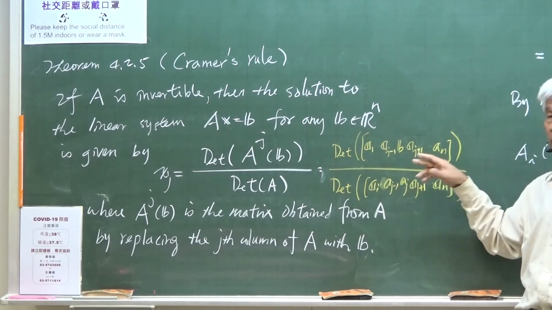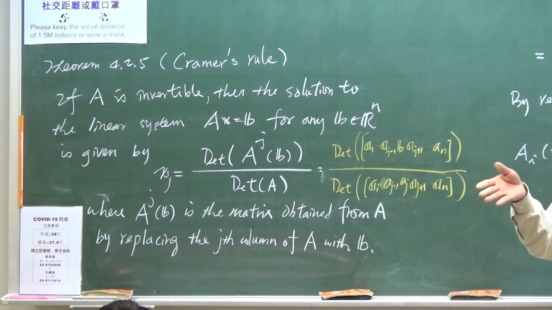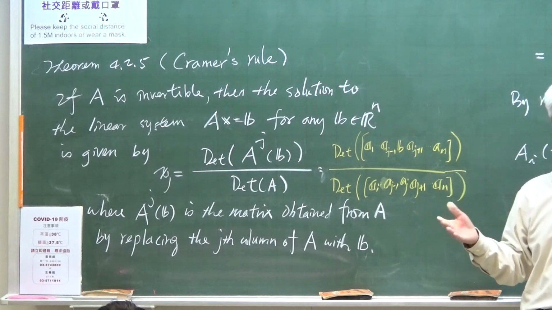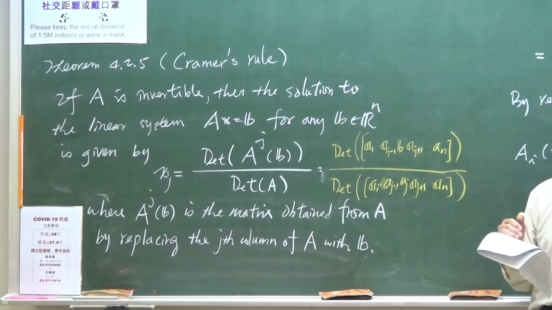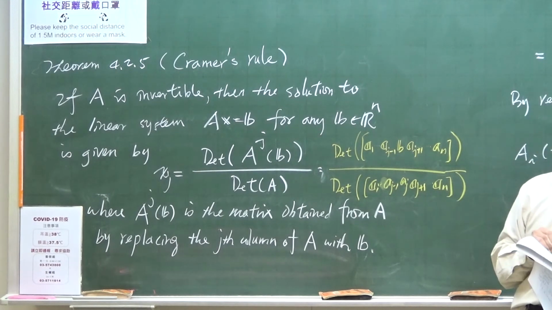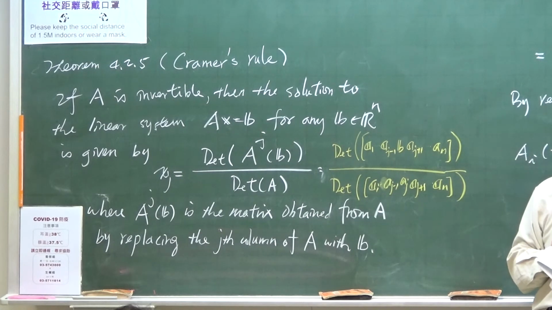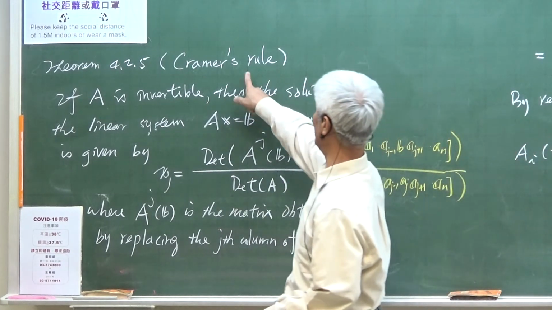So in total, you have to compute n plus 1 determinants. This is called Cramer's rule.